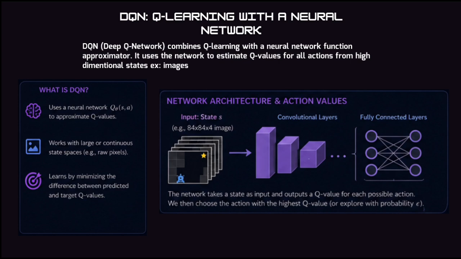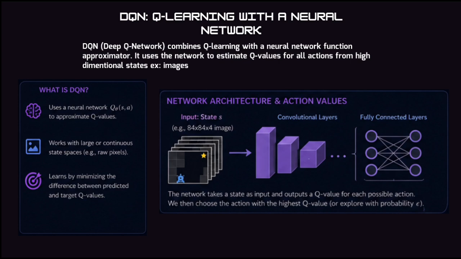For example, if the agent can move left, right, jump, or shoot, the network produces one estimated value for each action. The agent can then choose the action with the highest value, or use an exploration strategy like epsilon greedy during training.